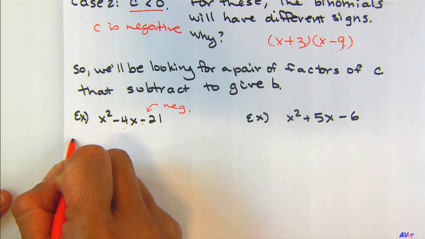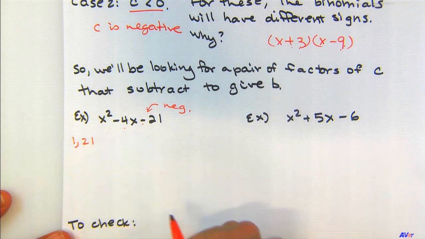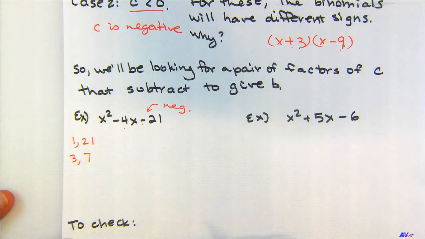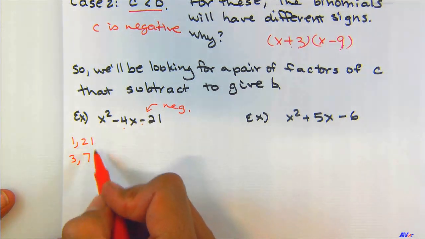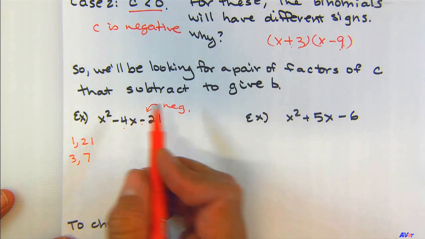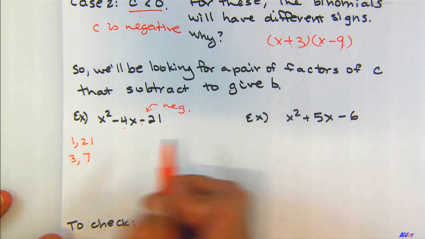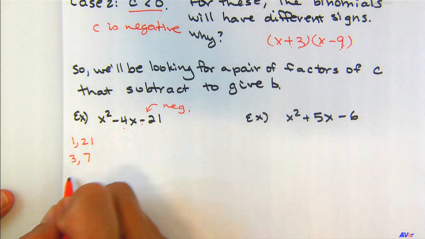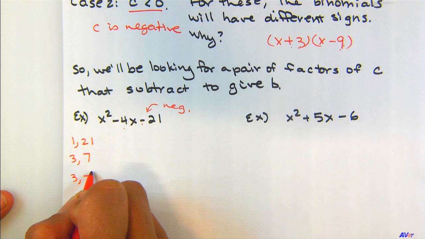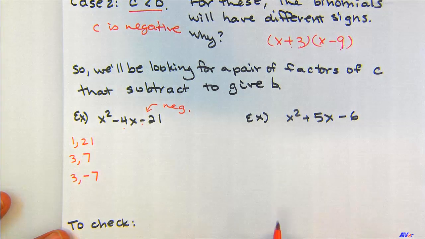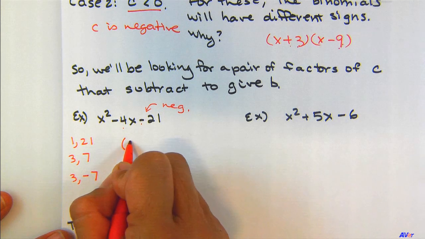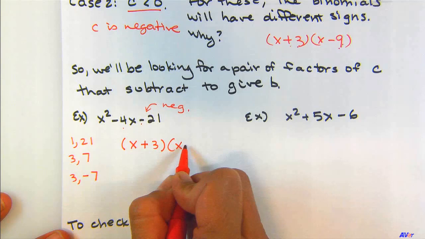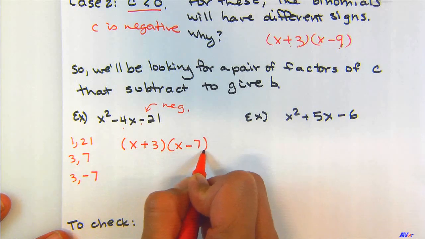So pairs of factors of 21: 1 and 21, 3 and 7. Okay, that's it. Does one of these pairs subtract to give 4? Indeed. In fact, if I do 3 minus 7, that would be the negative 4. So if I do positive 3 and negative 7, that will work. So when I write my parentheses, x plus 3 times x minus 7.